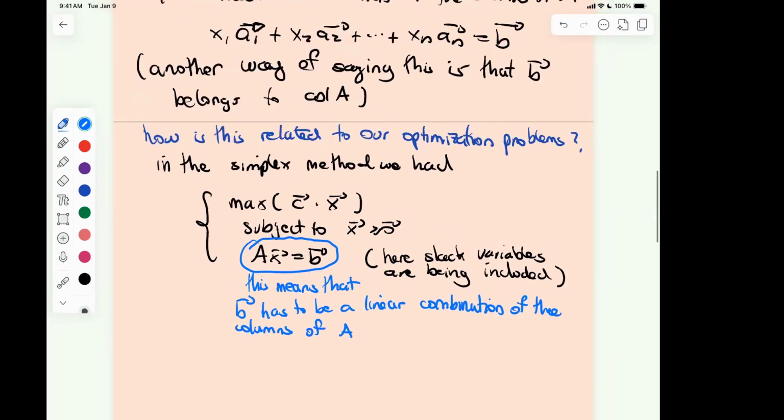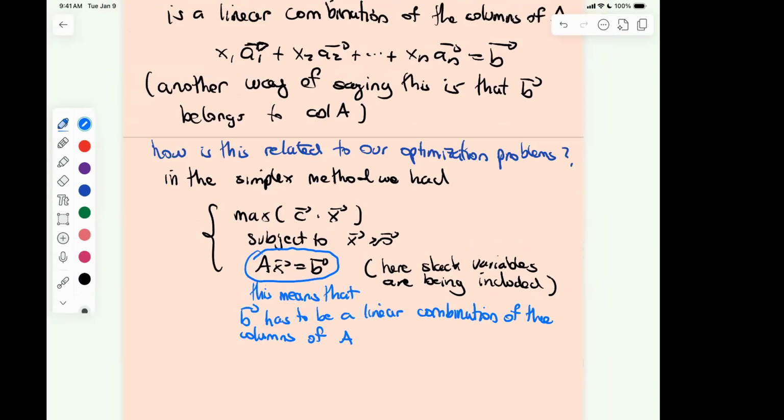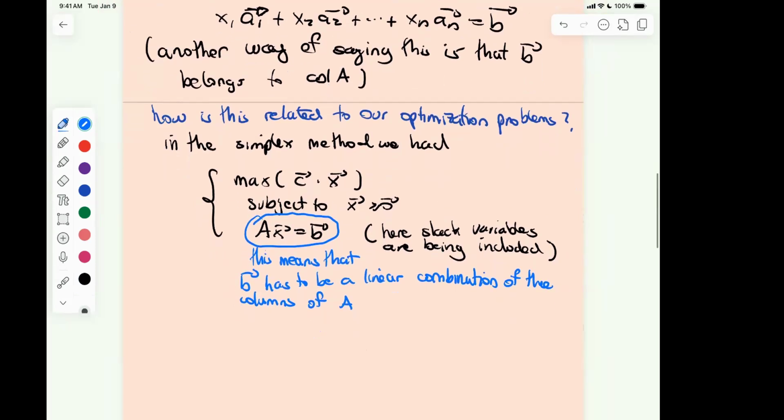Oops, sorry, just to go back for a moment. These are the coefficients that appear in front of each of the vectors, if you look at it from this perspective. So if you put these two together, what you're looking for is a linear combination of the columns of the matrix with non-negative coefficients, that each coefficient in front of the linear combination is non-negative.